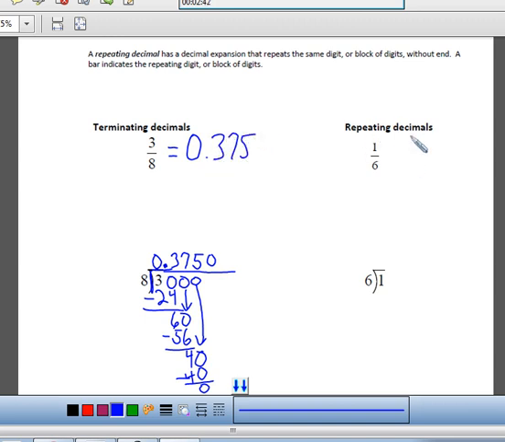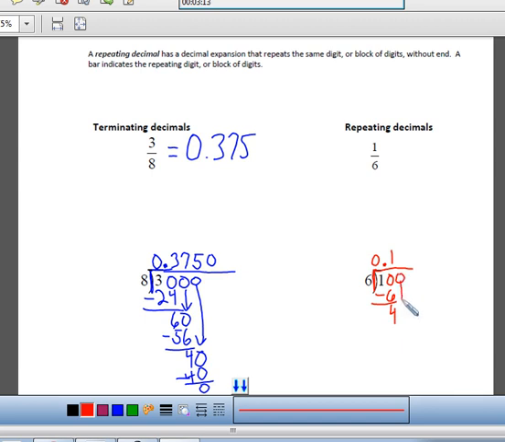Okay, now we're going to deal with a repeating decimal. So we have 1/6. So we put the 1 on the inside and 6 on the outside, 1 divided by 6. 6 can't go into 1, so we add on a 0, put our decimal up here. We'll put a 0 here because that's how many times 6 goes into 1. 6 goes into 10 one time. Subtract, and you get 4.